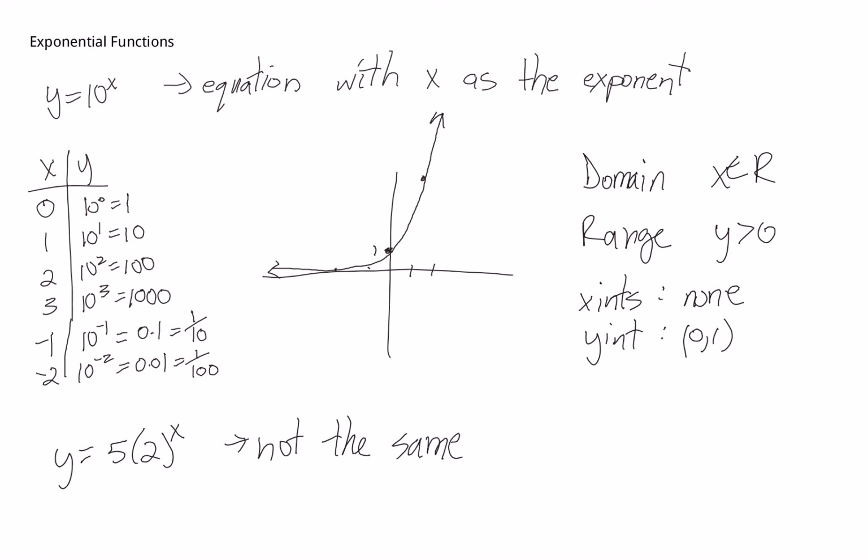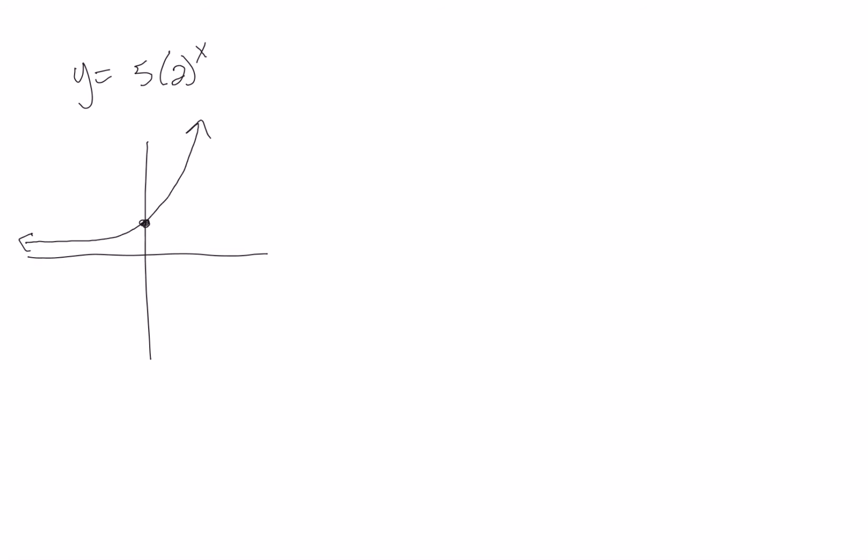Okay, so what we want to do is let's graph that one quickly to see what it looks like. So if we graph y equals 5 times 2 to the x, if we just type that in on our calculator and sketch it, the graph looks similar, but in this case it's crossing through the point 5, and it's not quite as steep.